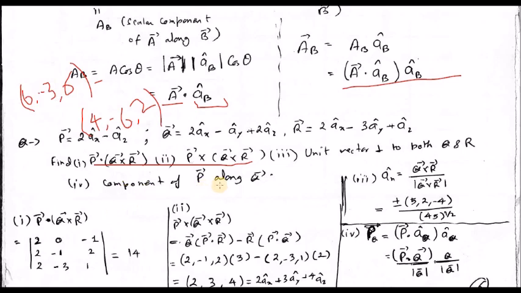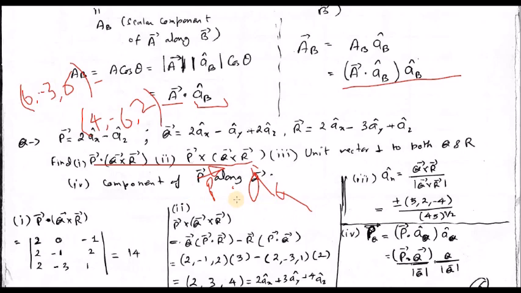And next is the component of p along q. You have to find the component of p along q. So you have to take p dot a q cap, because it is the component of this along this. This will give you the component.